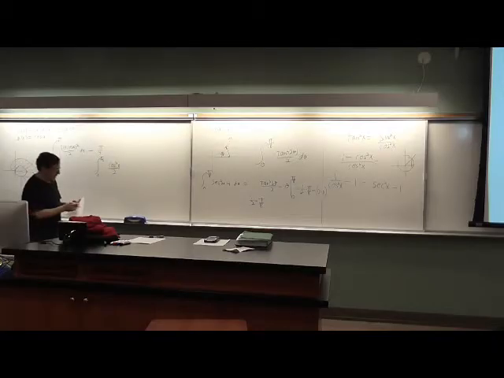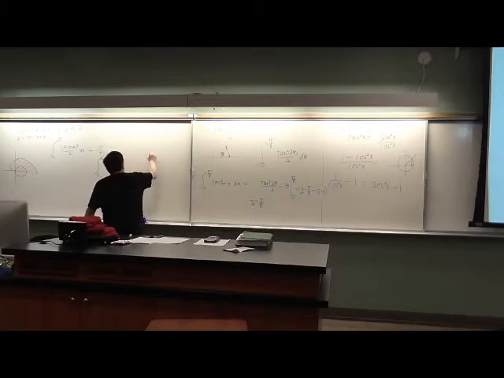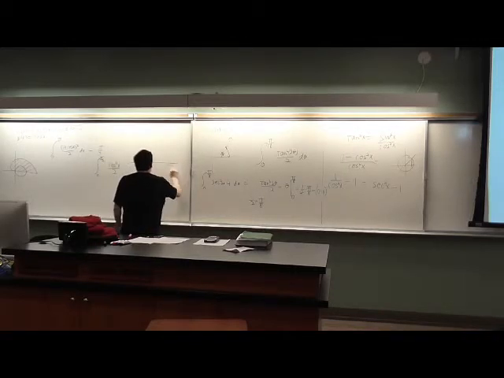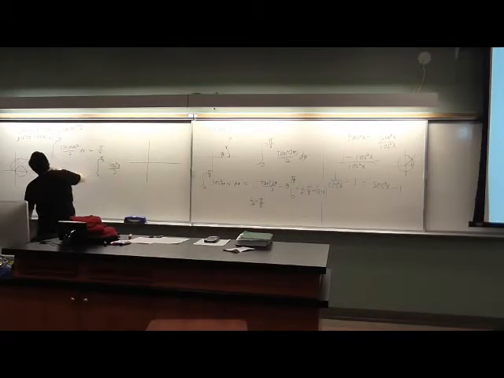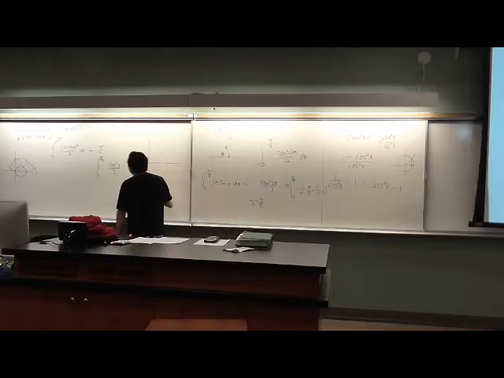Well, I guess I actually have to graph this manually. Let's do it. At 0, I'm just going to look at this for a second. At 0, this is 1. At, let's say, pi over 2, cosine is what?